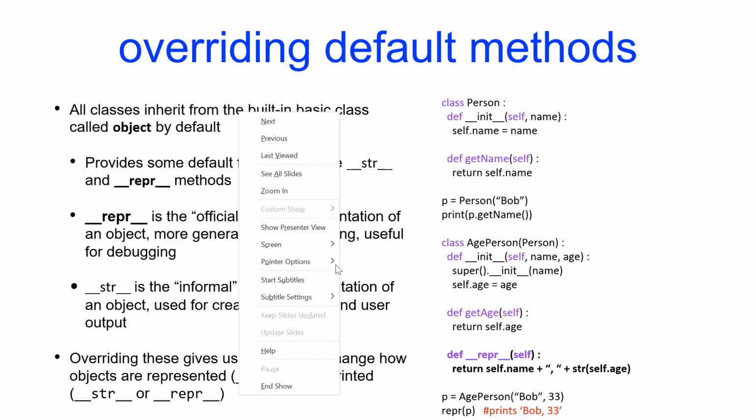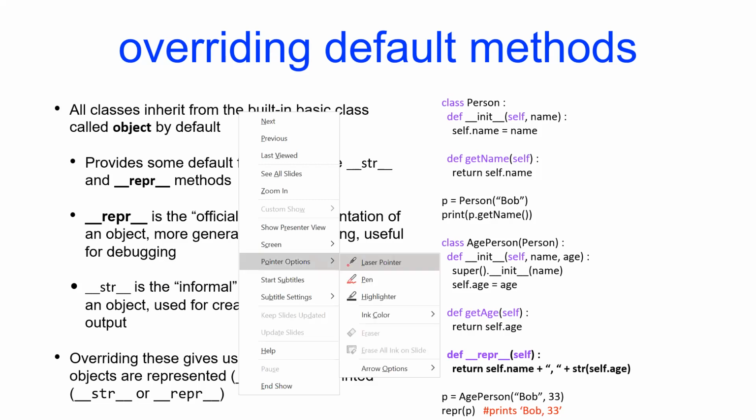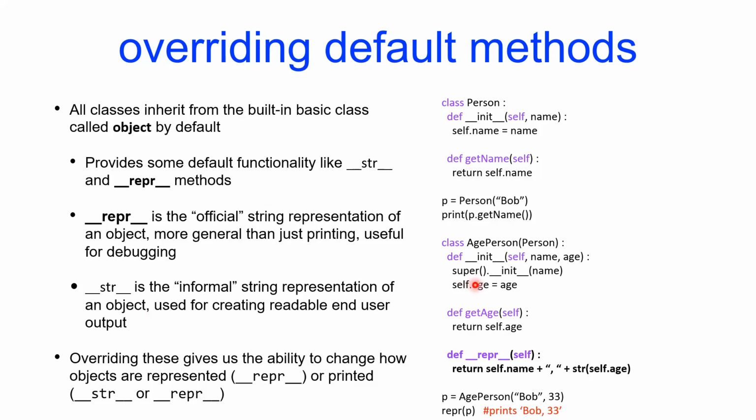Let me bring this up. So for example, for the person, we can define our own representation function, which uses self.name, comma, self.age. So now if we do rep, you can see it will print Bob, comma, 33.